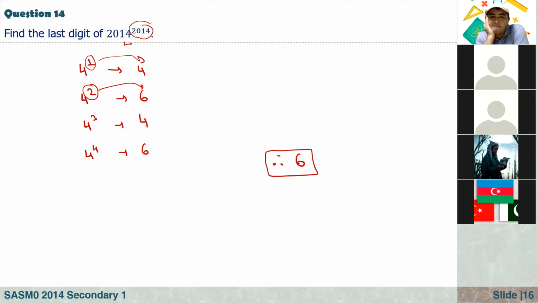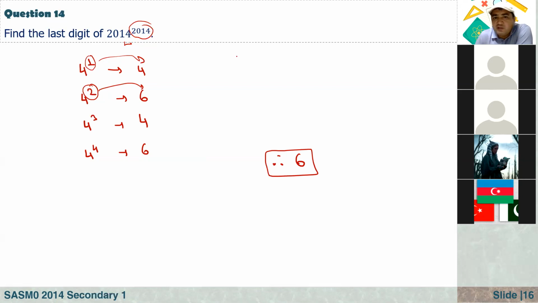Okay, Celine. No, I didn't get why. Why did you just square it? Or cube it. No, here 2014, right? I'm just looking for a pattern.